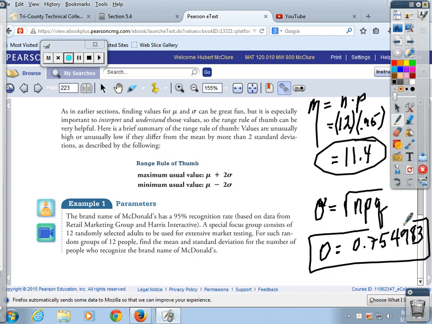Now that you have the mean and the standard deviation, what can you make? Bell curve. That's right, class. Something that I've been teaching y'all since the first day, or first week, how to draw this bell curve. So I'm just going to use 11.